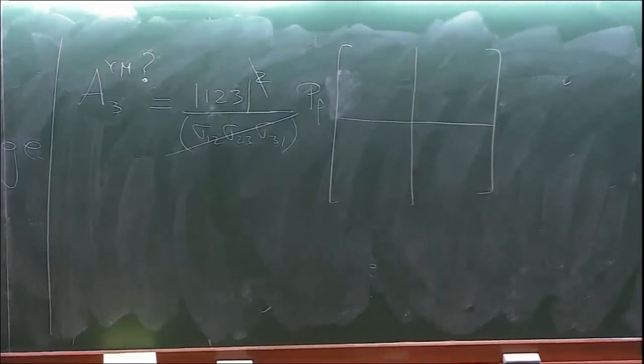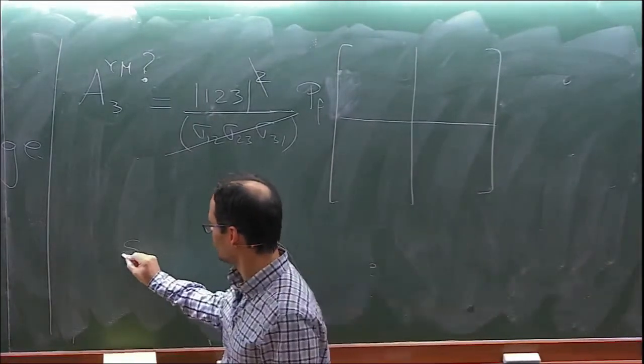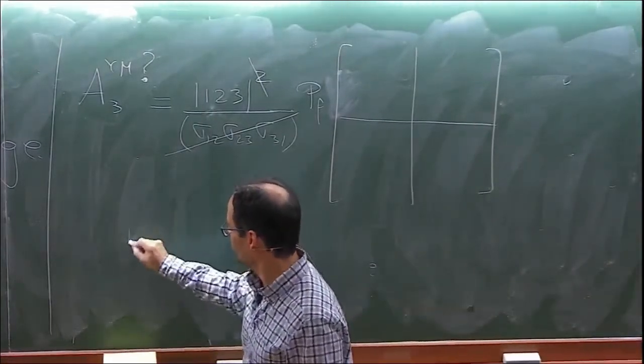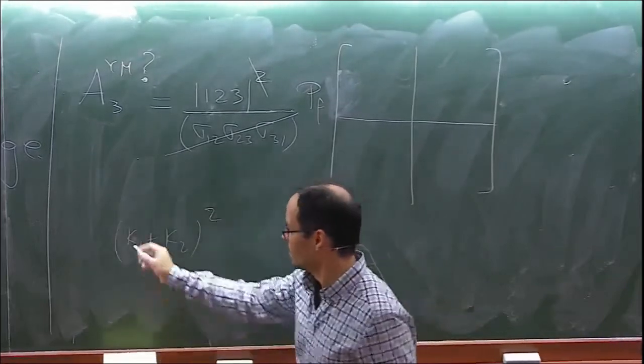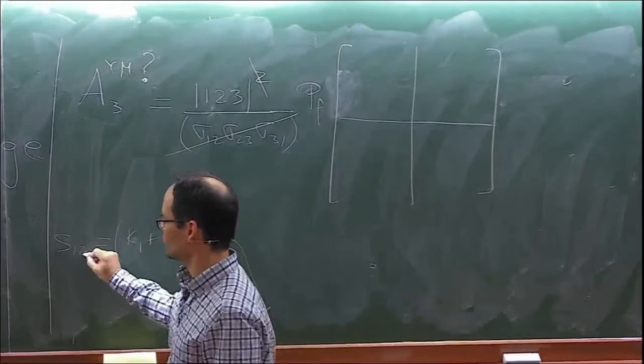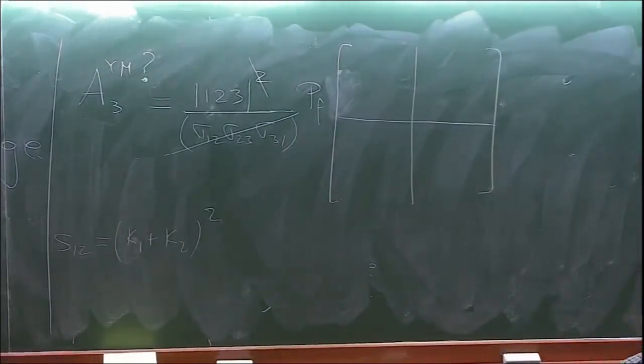However, before we even start writing things, let's remember what happens for 3 particles. If you have (k1 plus k2) squared, also known as s12, modulo a factor of 2, what do we get when we compute this for 3 particles?